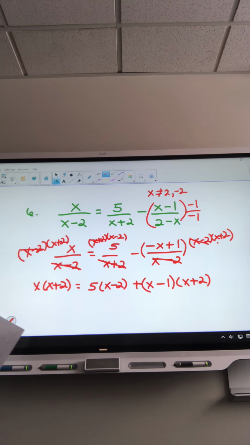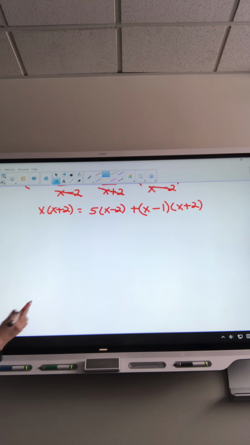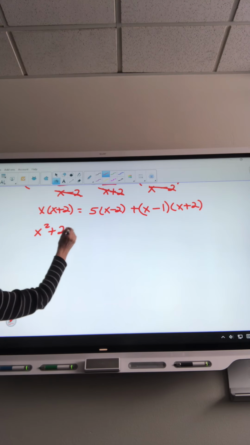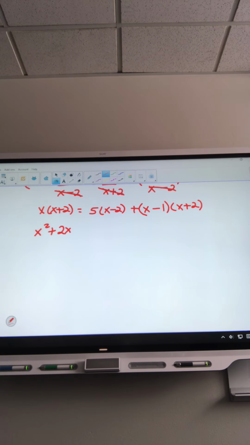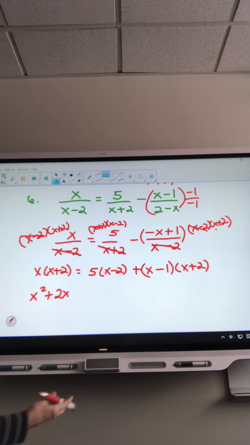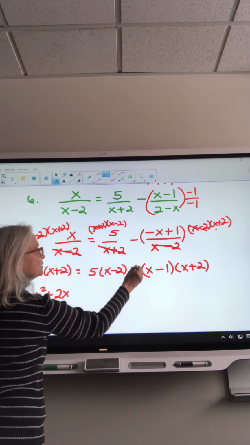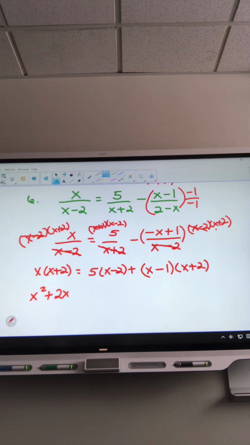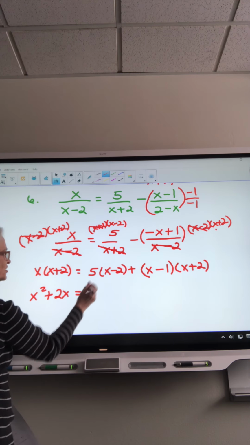Okay, so on the left, all we need to do is to multiply the x times the x and the x times the 2. So we've got x squared plus 2x. All right, so let's go ahead and distribute the 5.